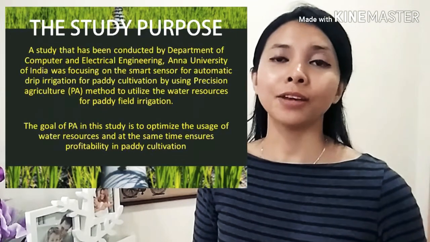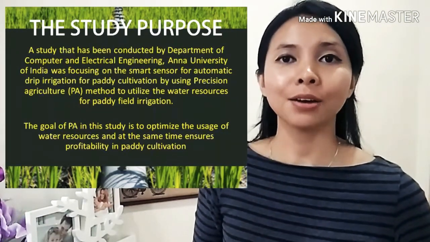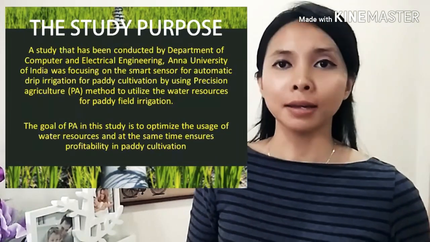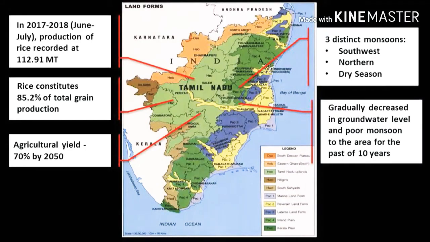So the goal of this study is to optimize the usage of water resources while at the same time ensuring profitability in paddy cultivation. For information, this research was located in Tamil Nadu, an area with three distinct seasons: the southwest monsoon, the northern monsoon, and the dry season, and the area is prone to drought.